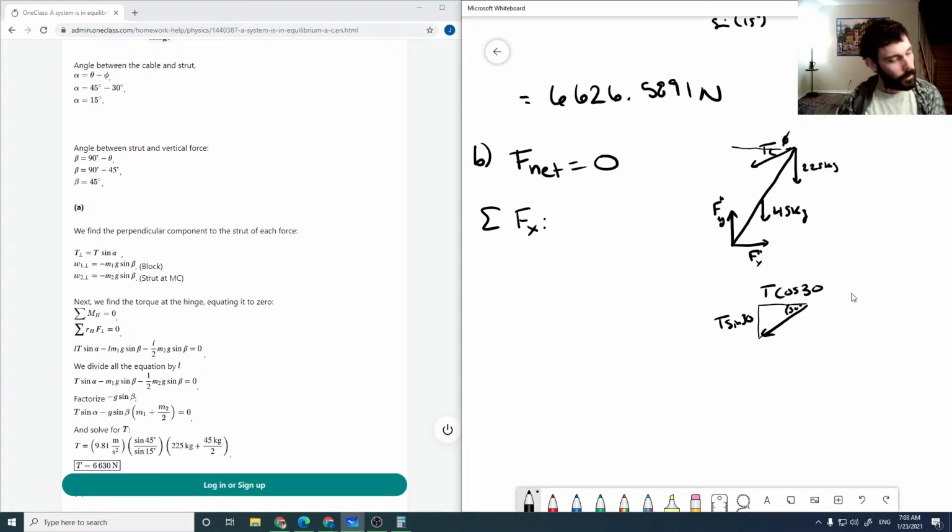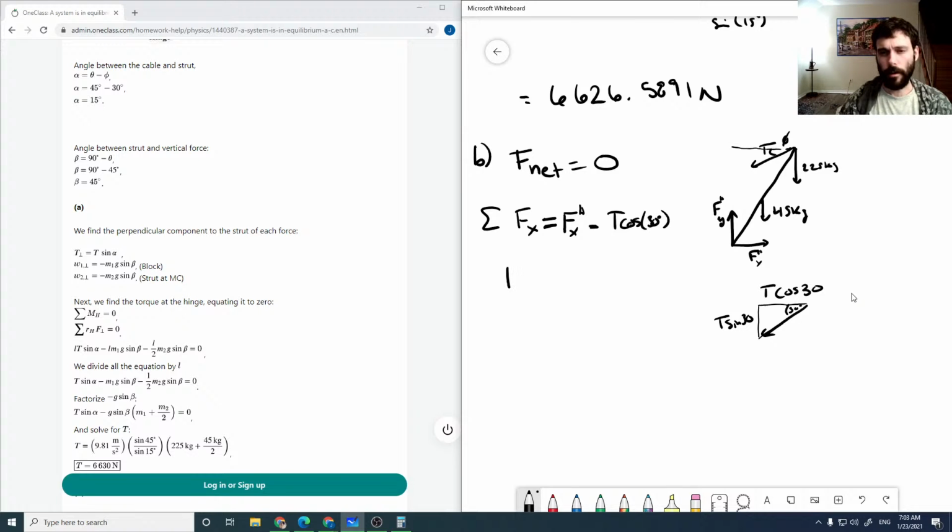And so then, now if we look at our X direction, our sum of our Fx is just our hinge force minus our T cos theta, cos of 30 degrees.